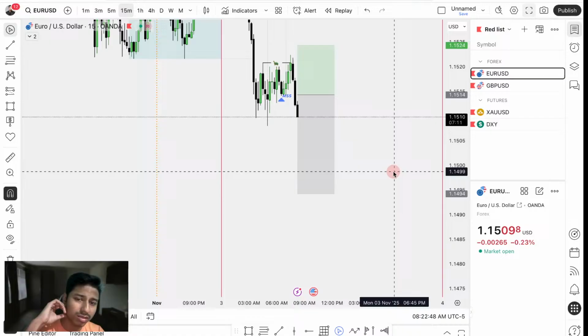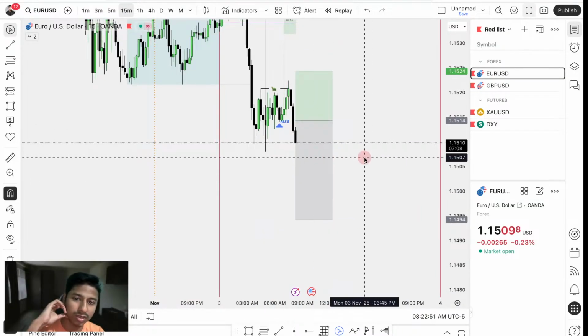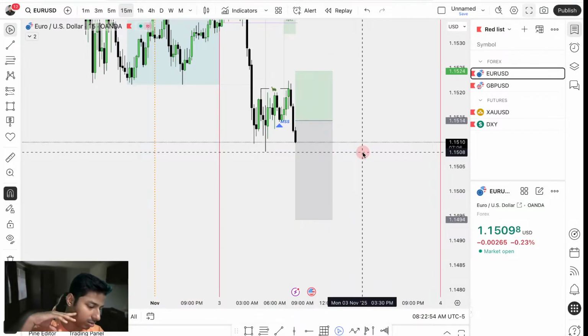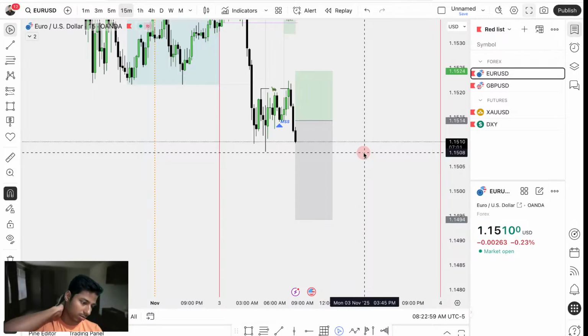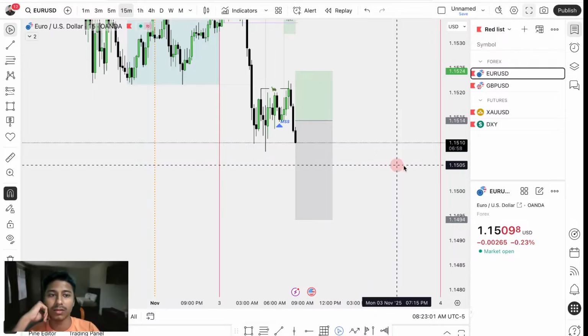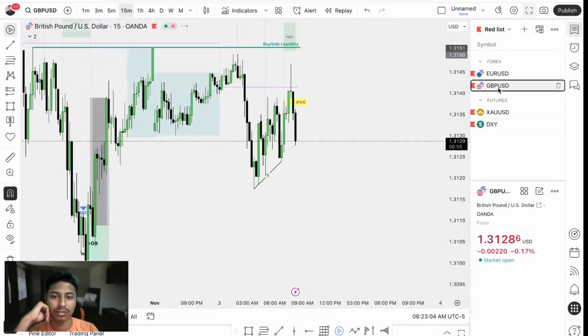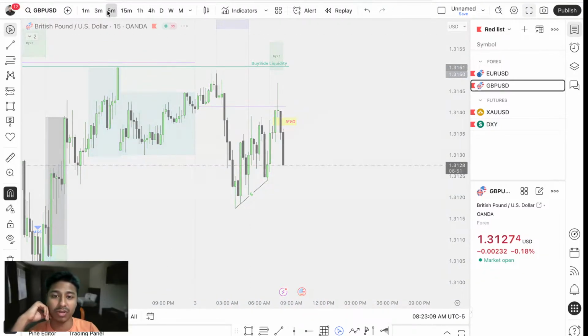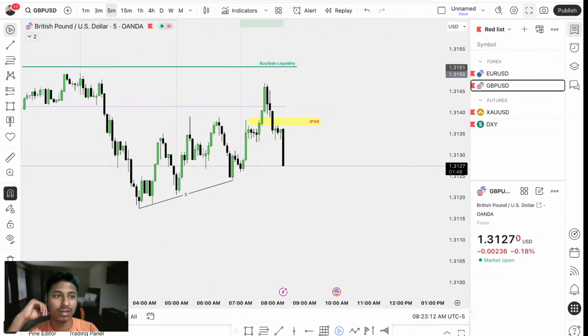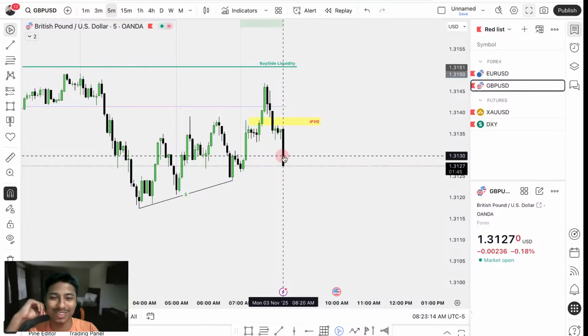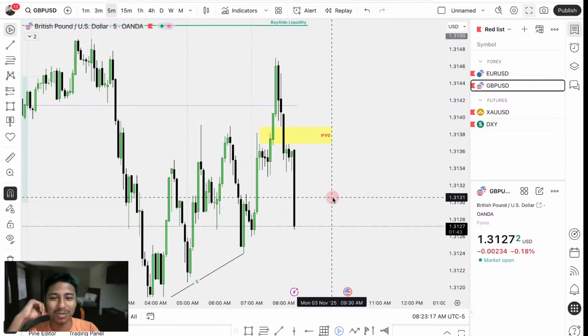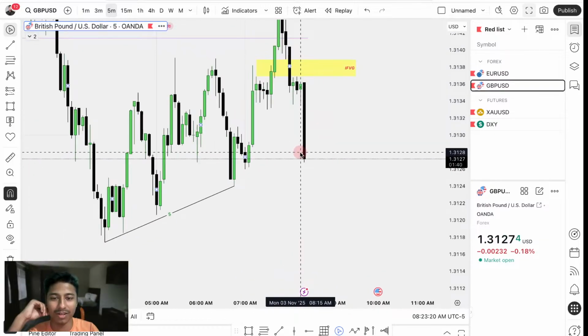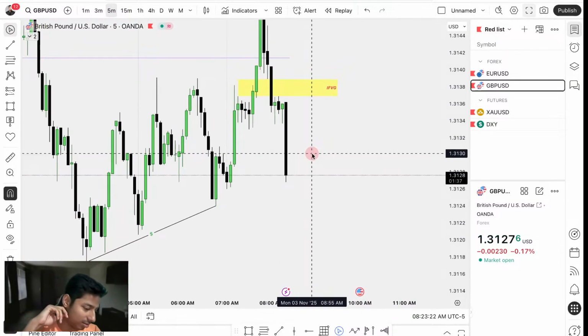Are you booking partials or just holding? What's your TP, like this low? GBP dropped hard. This candle was hilarious, bro. Out of nowhere, all of a sudden fall. Yes, that's good actually.